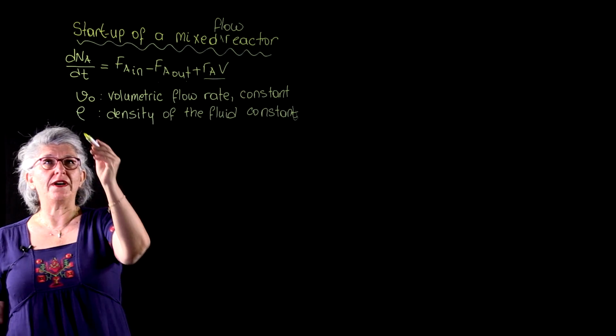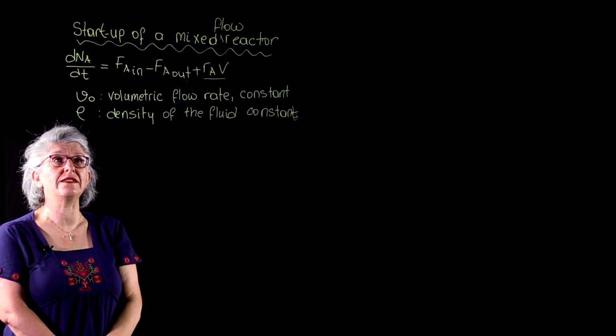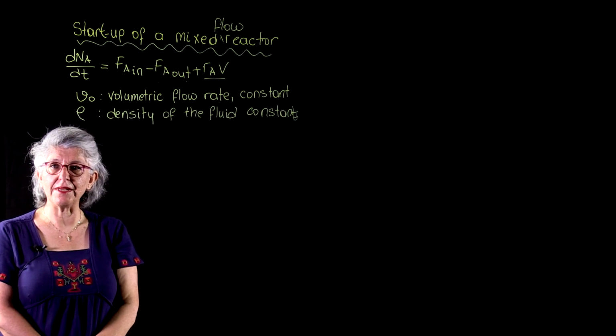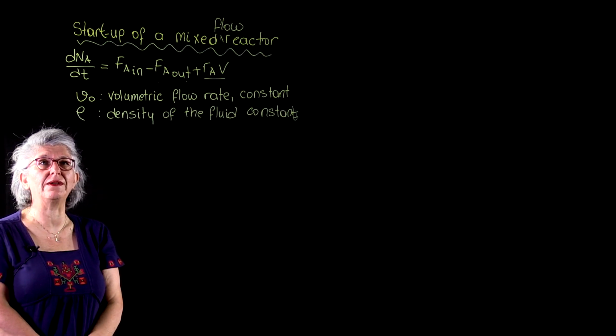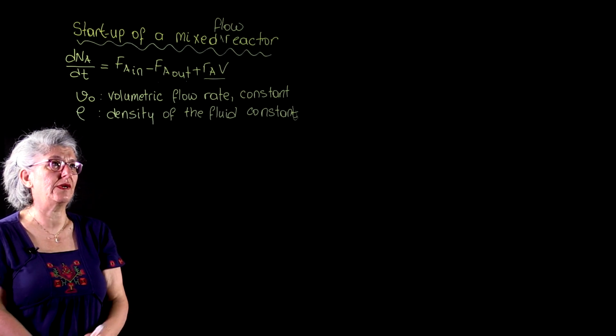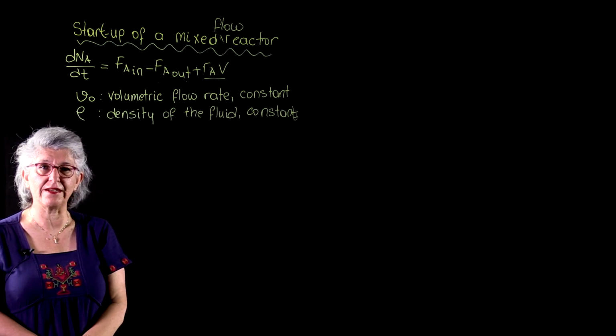Now I'm going to remind you of the two new terms. One is the volumetric flow rate of the components that is coming in and out of the reactor, and rho represents the density of the fluid. They are both going to be treated as constants. They are not going to change.